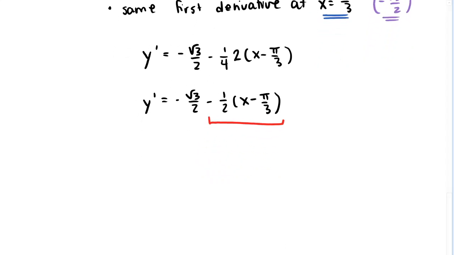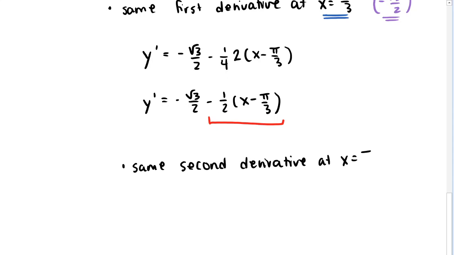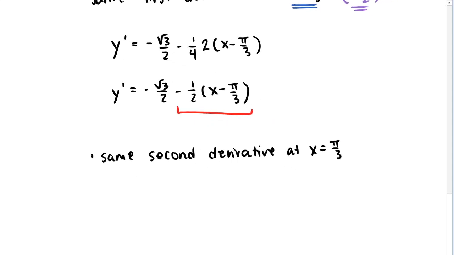And so we also expect this quadratic function to have the same second derivative. And we just saw that the second derivative of our cosine function, evaluated at pi over 3, well, what was it? I believe it was a negative 1/2.